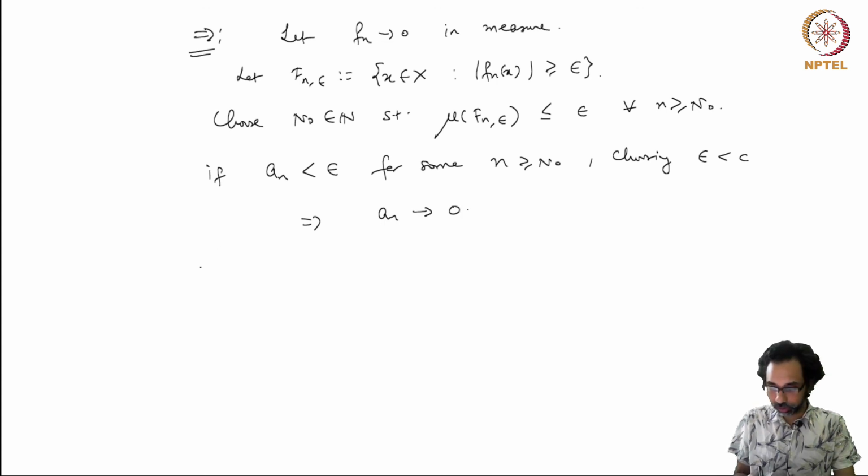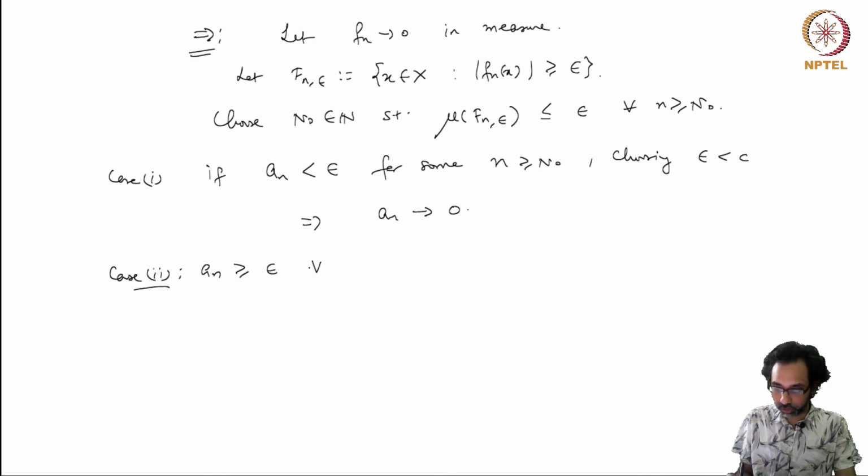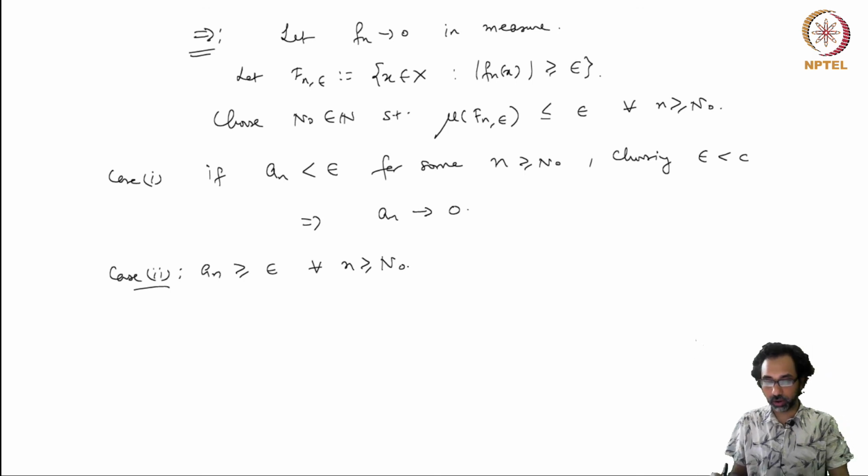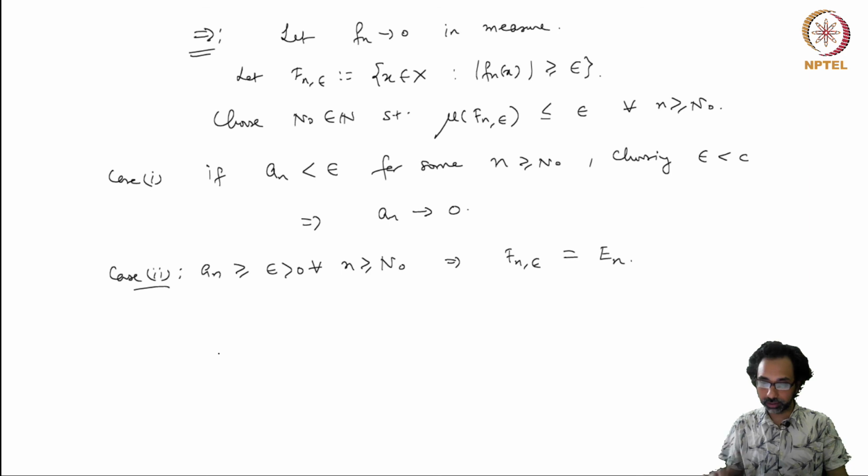So this is case 1, and the other case is that an is greater than or equal to epsilon for all n greater than or equal to n naught, which means that the set Fn epsilon is precisely En, because this is positive and the set of points where Fn is positive is precisely En.